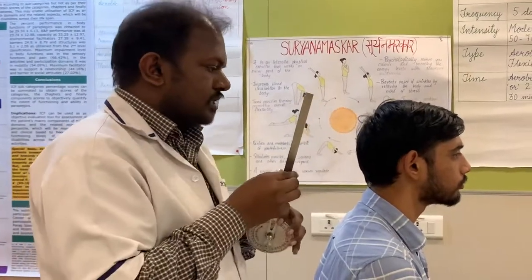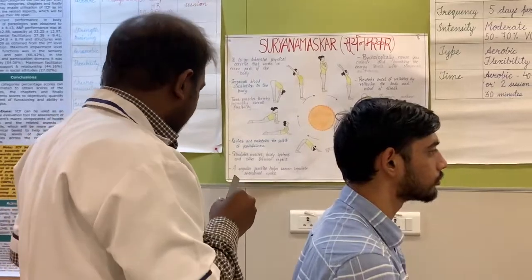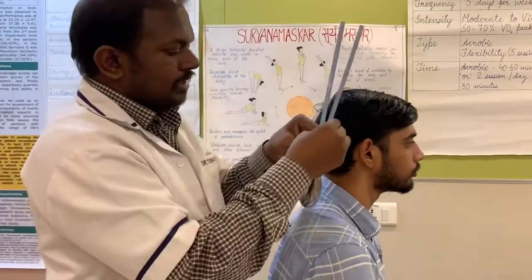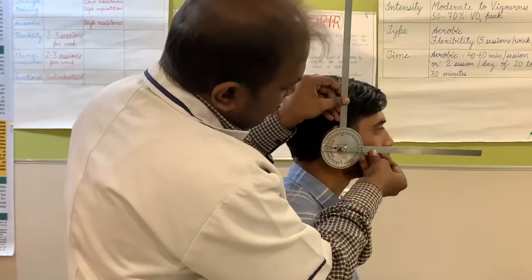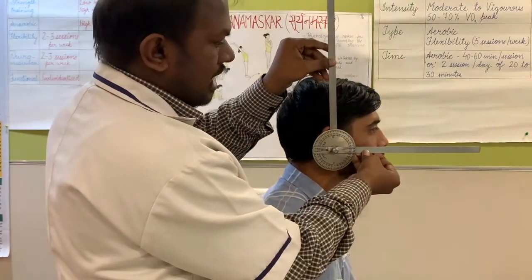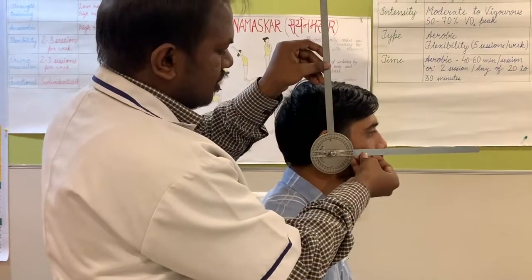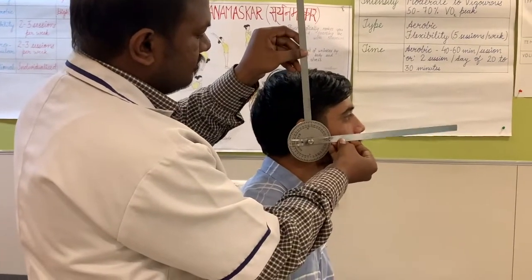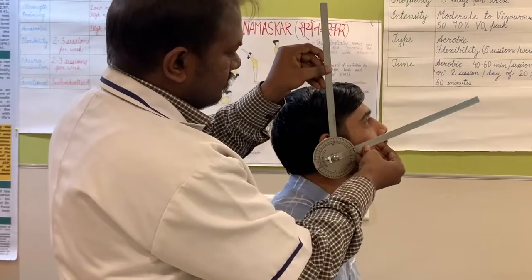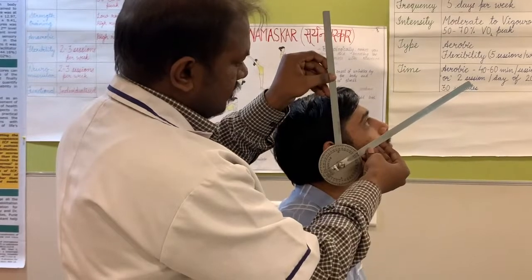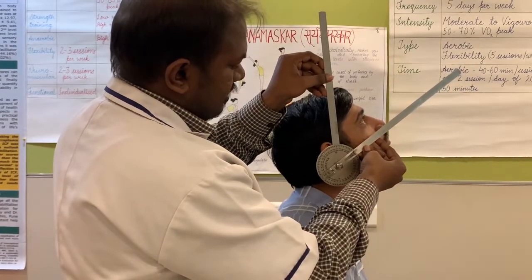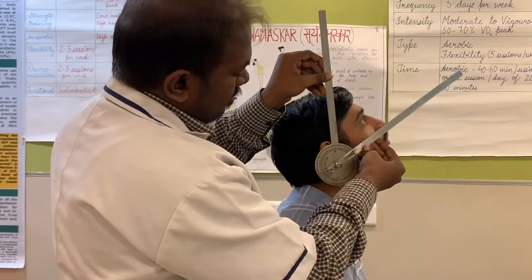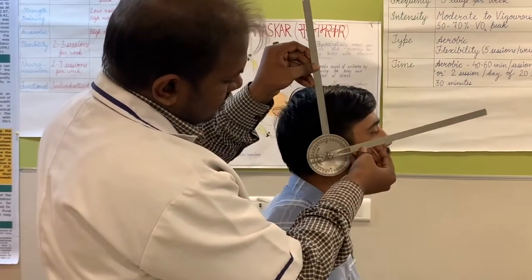Now similarly you can check cervical extension in a similar manner. You just have to keep the goniometer in the same position and then ask for cervical extension. Take your neck back. Relax, take it to normal.